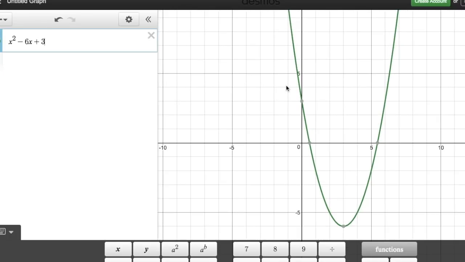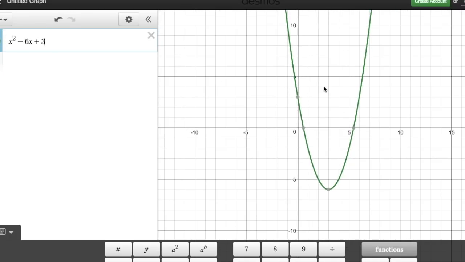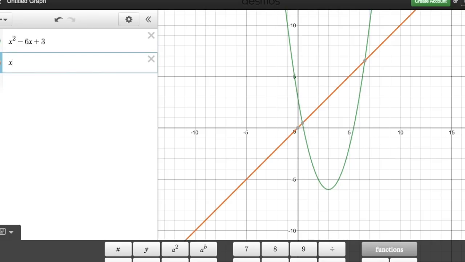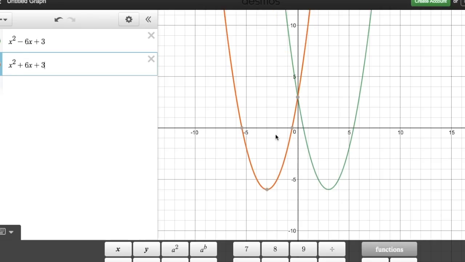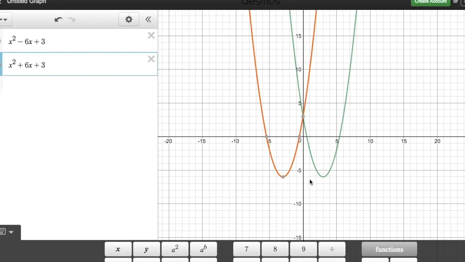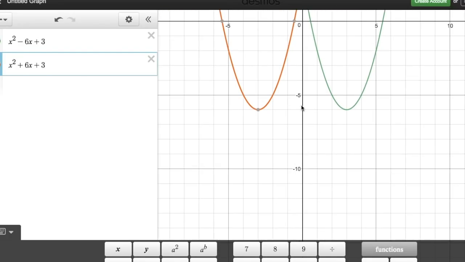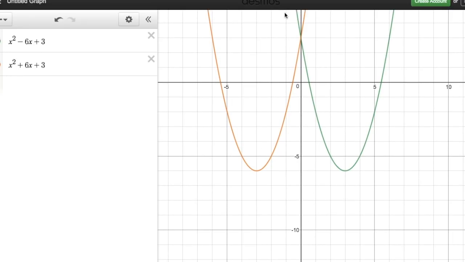So this is the graph of x squared minus 6x plus 3. And then if we do x squared plus 6x plus 3, that's effectively saying f of minus x of this graph here, x squared minus 6x plus 3. And you can see here that it's reflected in the y-axis.